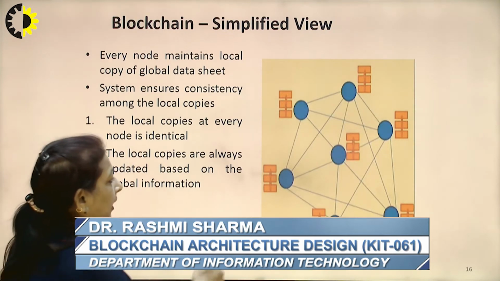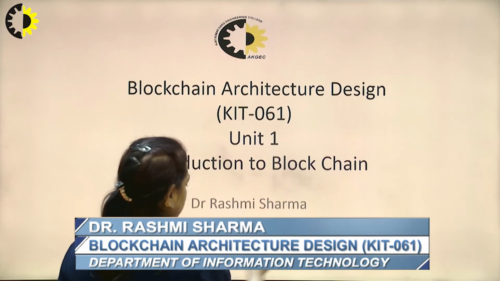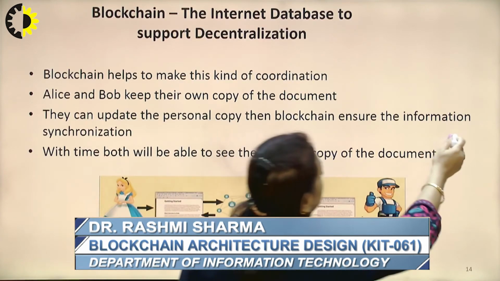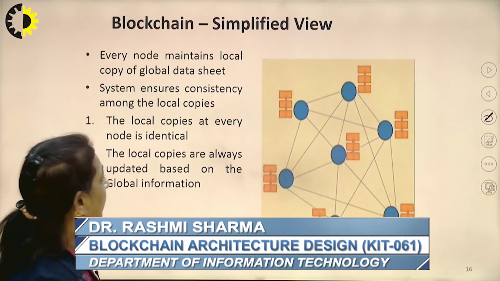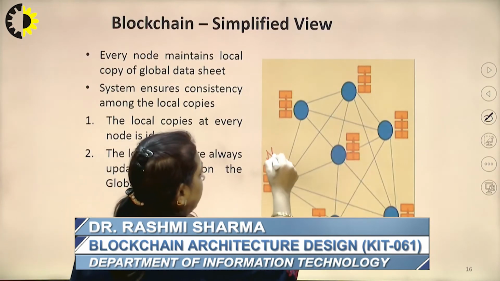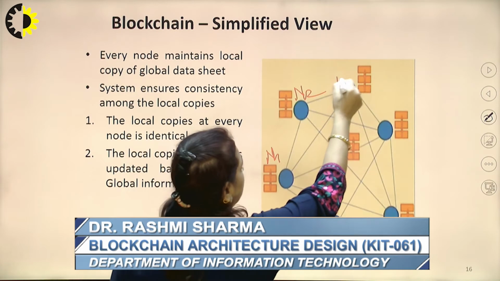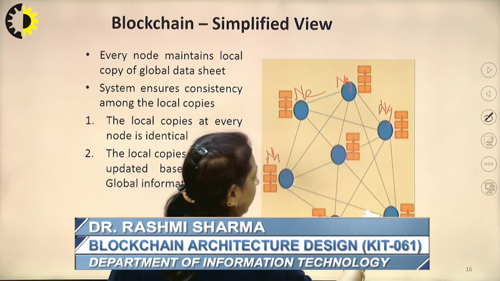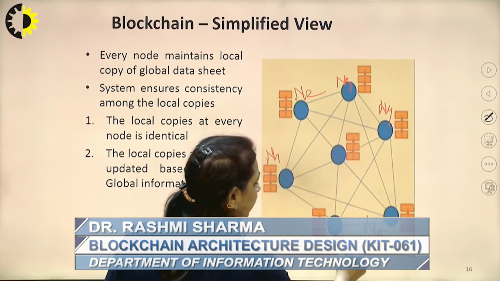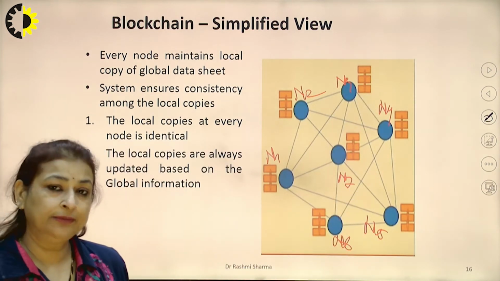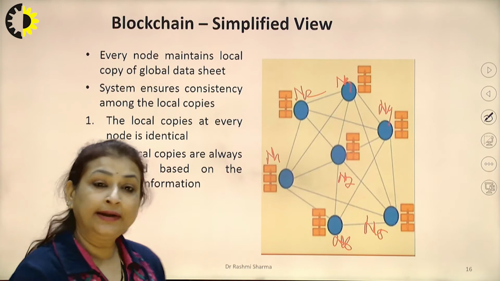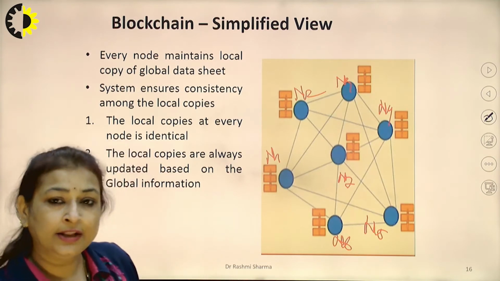So here I have taken the example of node N1, N2, N3, N4, N5, N6, and N7. So we have 7 nodes in this blockchain. Assume that N5 is making some changes in the document.